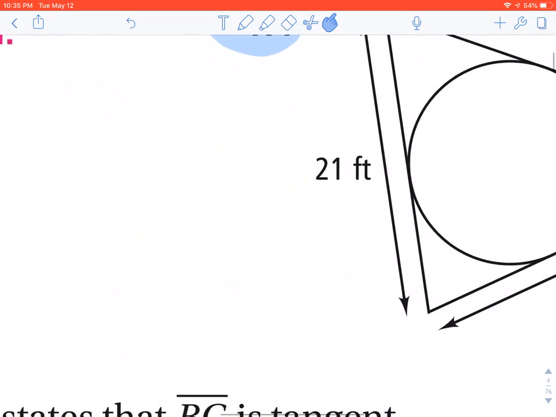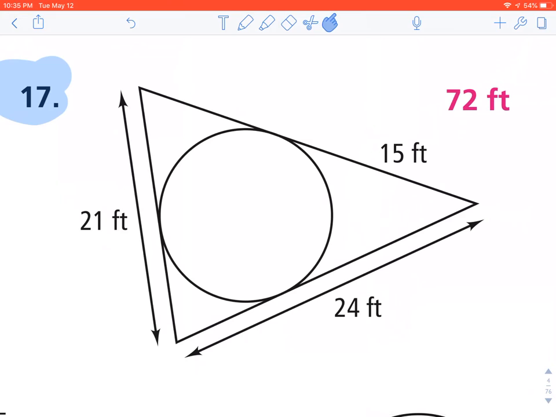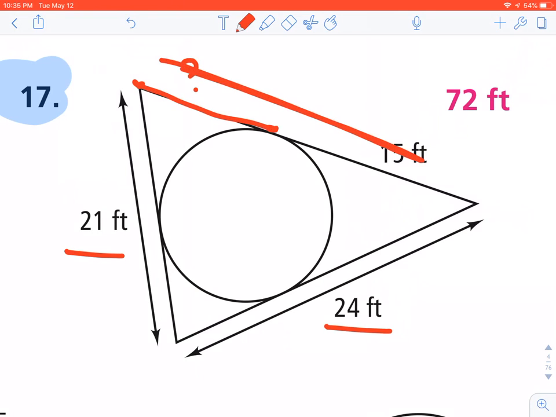Okay? And then lastly, this was the most challenging of the 4, in my opinion. Again, they're asking you to find the perimeter of this figure, and you're looking at this and you're kind of like, all right, well, no problem. I already have 2 of the 3 whole sides. I just got to find this little piece to figure out this whole length. Then I can add them all up to find my perimeter.